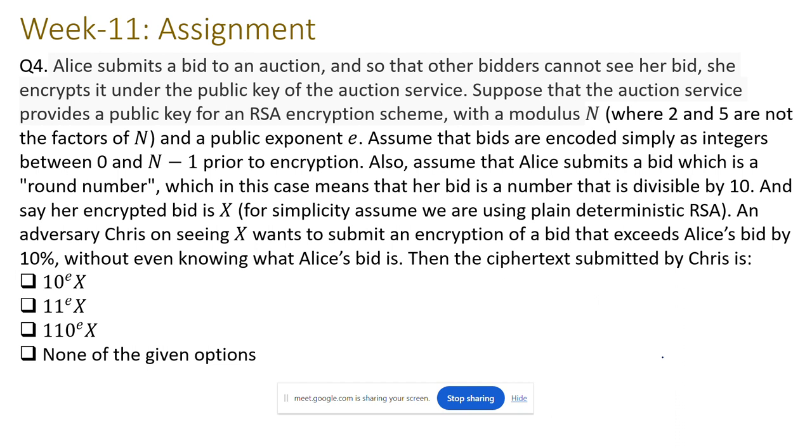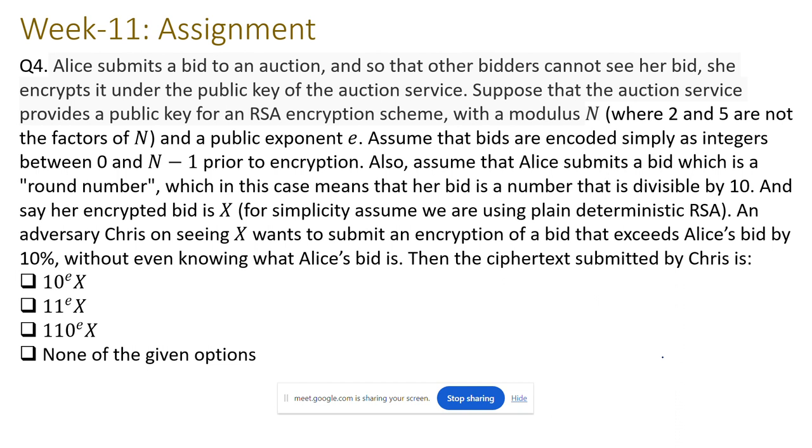Alice submits a bid to an auction so that other bidders cannot see her bid. She encrypts it under the public key of the auction service. Suppose that the auction service provides a public key for an RSA encryption scheme with a modulus n, where 2 and 5 are not factors of n, and a public exponent e.